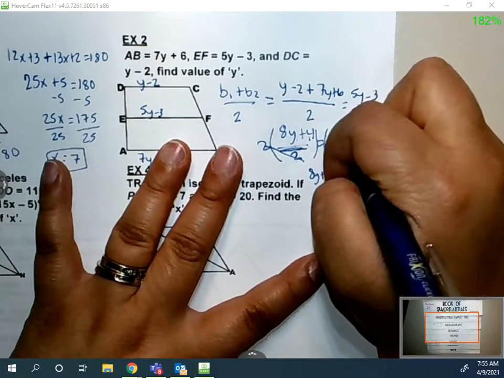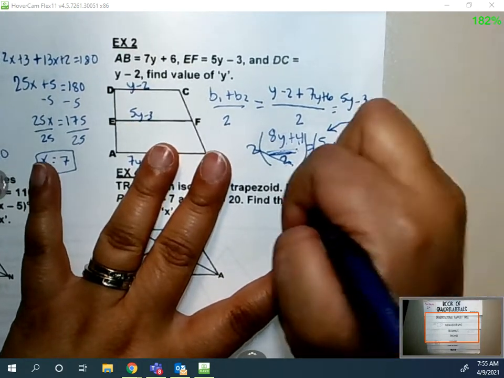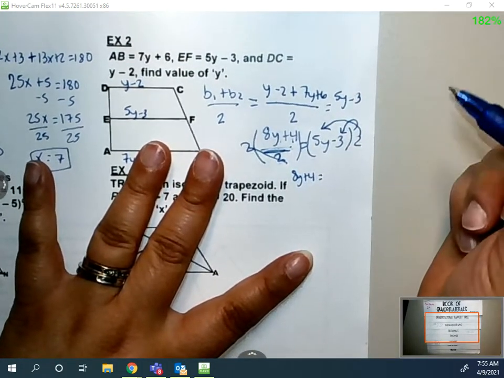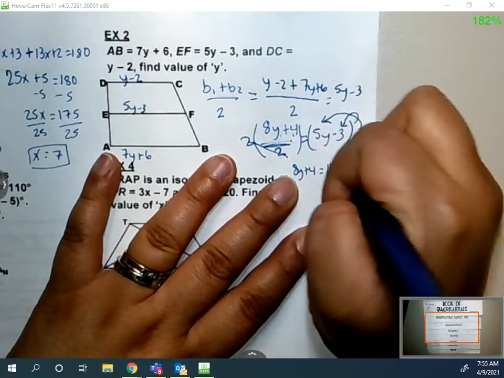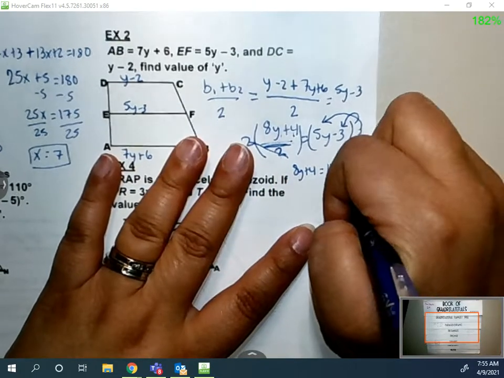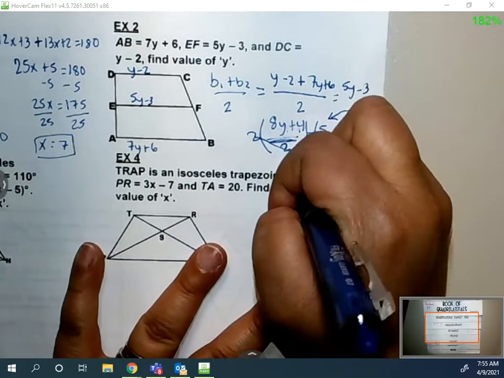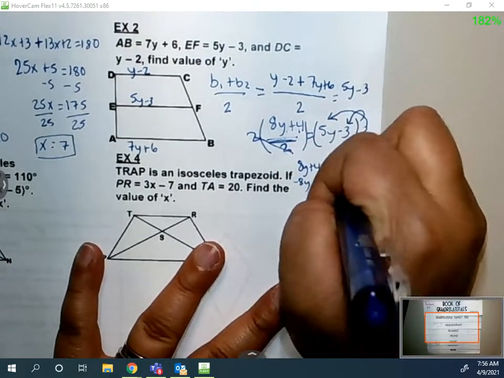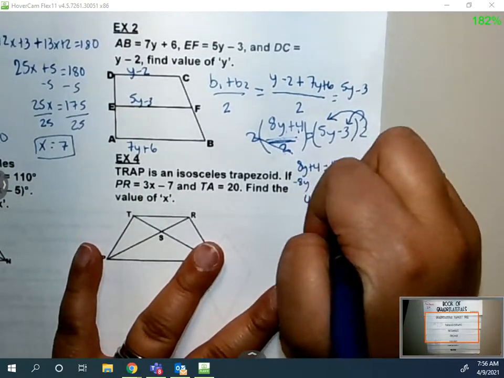Let's distribute the 2 in. 2 times 5 is? 2 times 5 is? Minus, what's 2 times 3? Negative 6. So now I'm going to combine my like terms. So I'm going to subtract 8y from both sides. So 4 is equal to 2y minus 6.